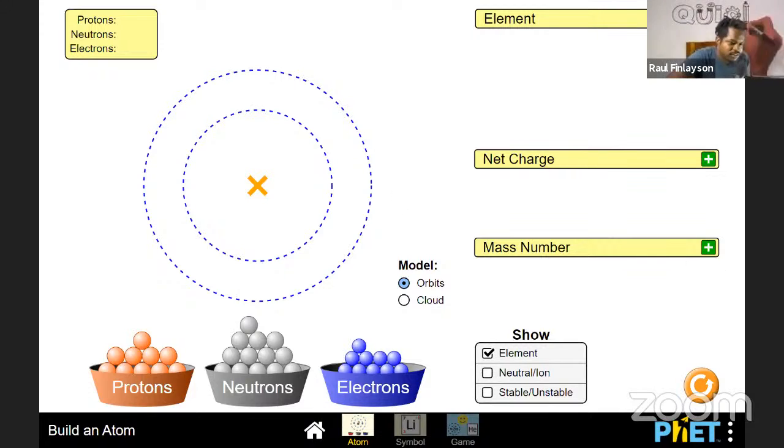Okay, Kristen, live and direct. Good to hear from you. Yeah, all right. Very good, Christian. I hope everybody heard that. The blue dotted lines are actually called shells, and there are two other words for shells. All right. What are the two other words that mean the same thing as shells in an atom?